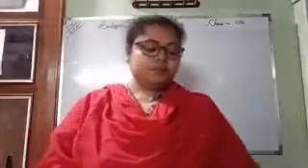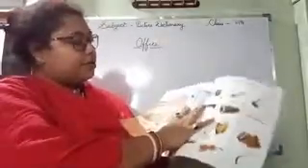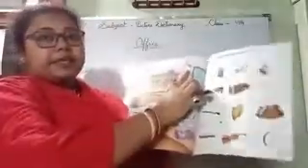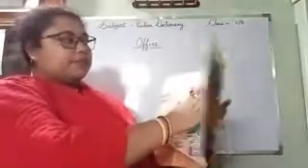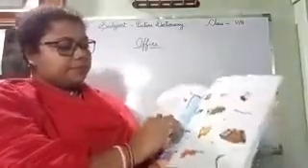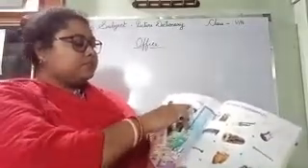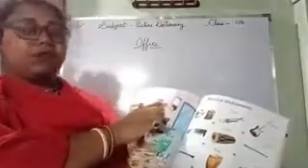Okay, so see here. First one, here is a door and beside that there is a calendar. What is written? Calendar. Then here, dustbin. Then these are known as file folder.